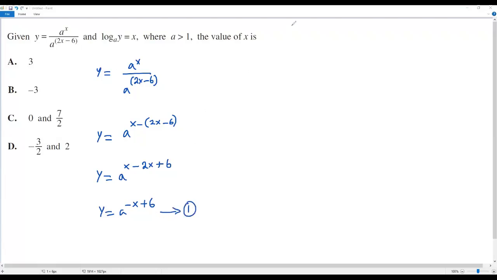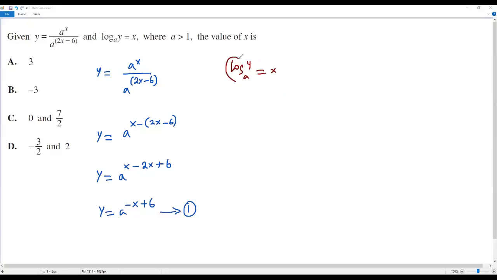Now let me take the second equation, that is log base a of y equals x. This equation is not solved for y, so first let's solve for y. This equation is in logarithmic form. To solve for y, we have to convert it to exponential form.